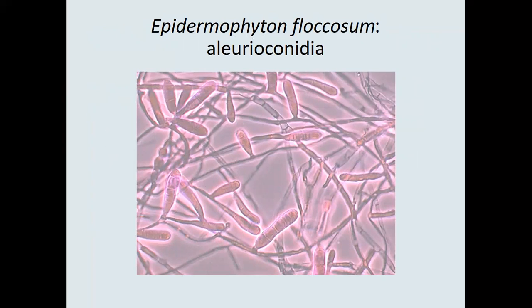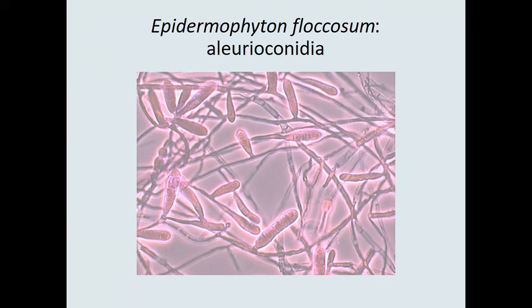So this is one of the genera that causes the ringworm infections, Epidermophyton floccosum. And I wanted you to see how it would look if we grow it in culture and then make a tape prep and look at it under the microscope. You can see the hyphae there, and you can even see pretty clearly this is septated hyphae.